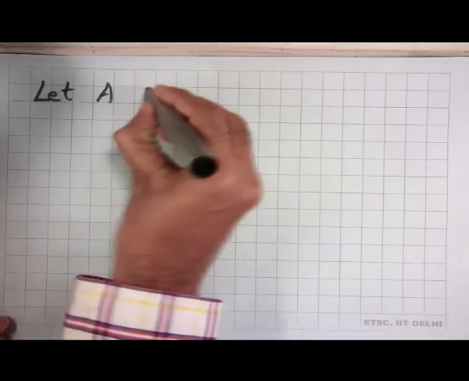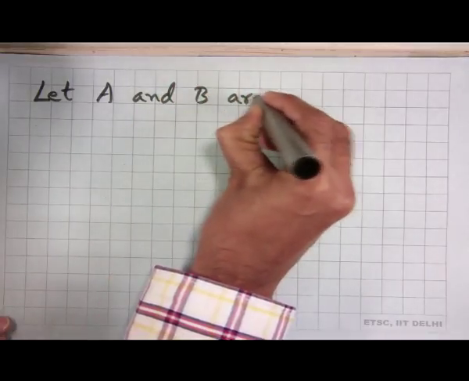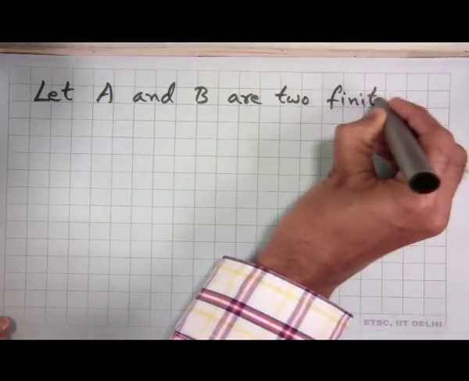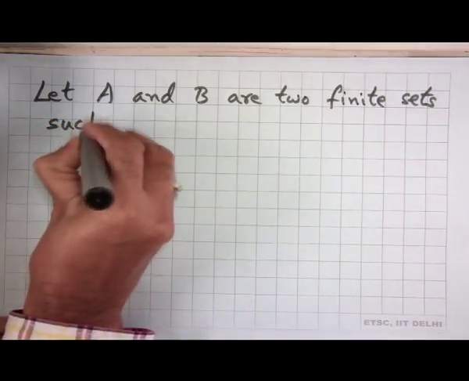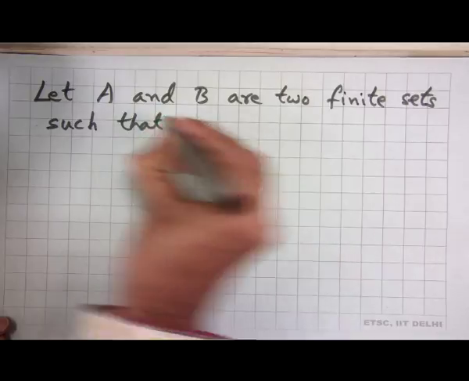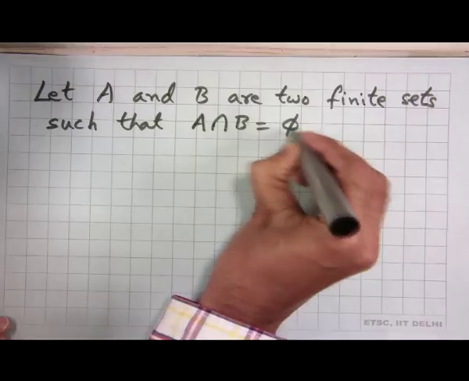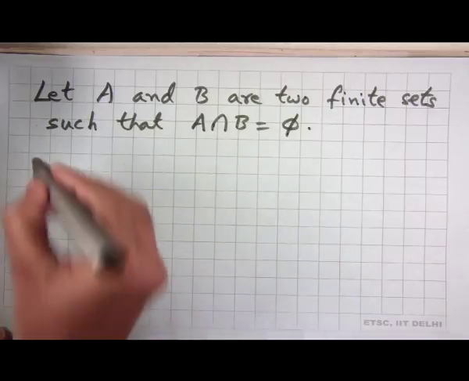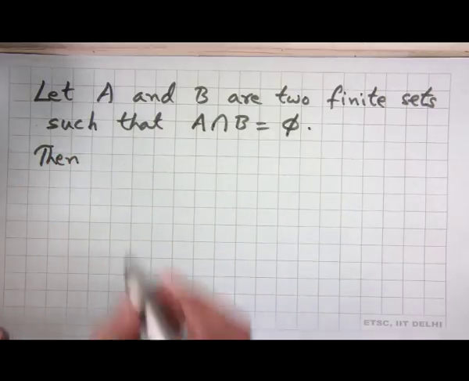So, first let me write: let A and B be two finite sets such that A intersection B is empty. That is, A and B are two disjoint sets, then in that case what is the number of elements in the union?